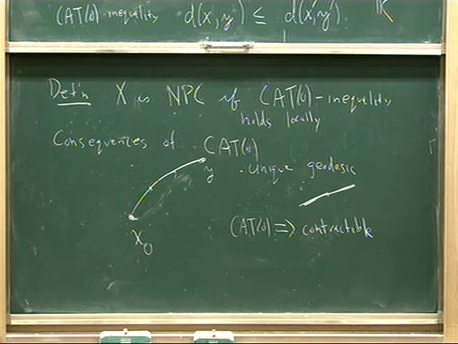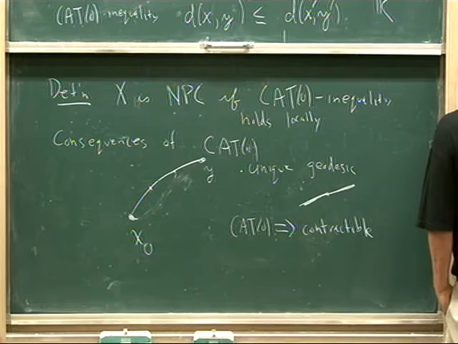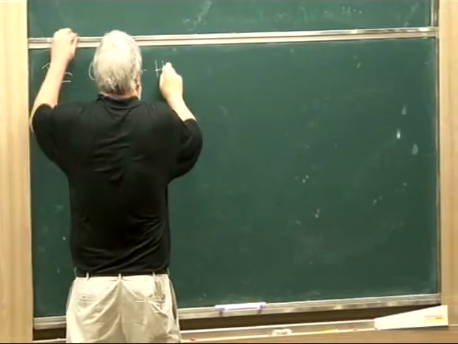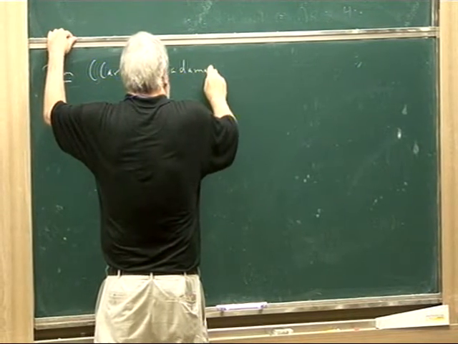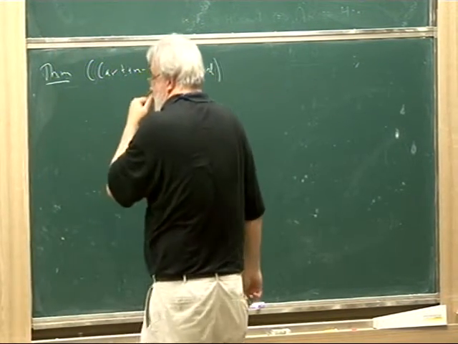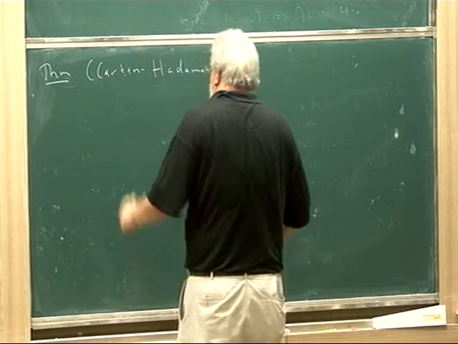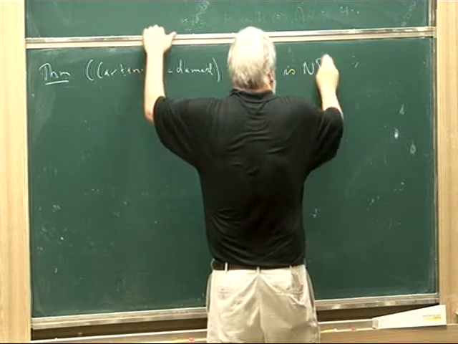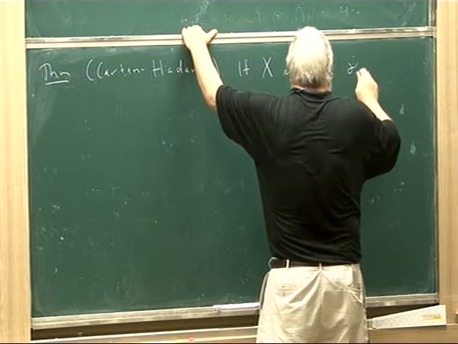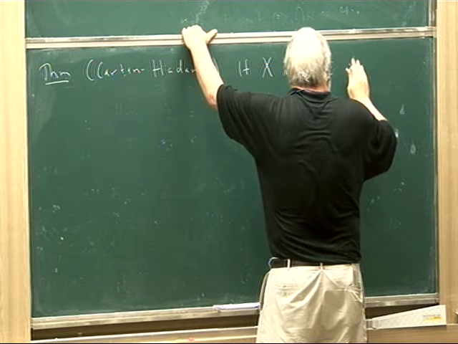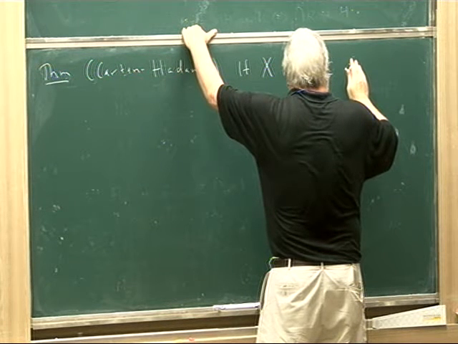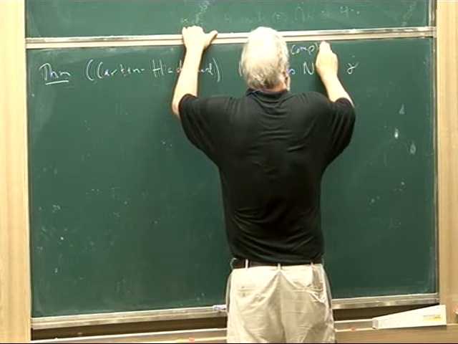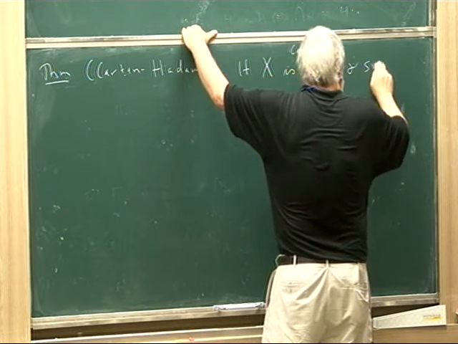And now the first theorem here, which Gromov calls the Cartan-Hadamard theorem, is that if X is non-positively curved, and I probably have to put complete in here, but if it's complete, non-positively curved, and simply connected.